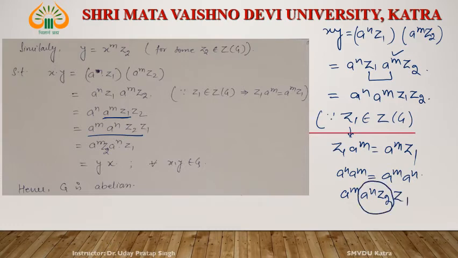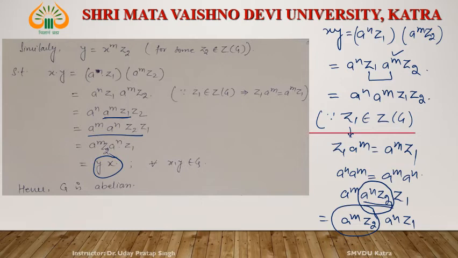This we can write as a^m z2 and a^n z1, since z2 belongs to Z(G) and commutes with every element of G. Then this is equal to a^m z2, this is y, and a^n z1, this is x. Then xy is equal to yx.